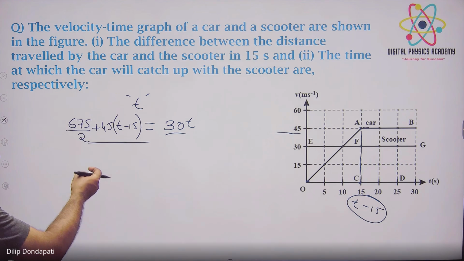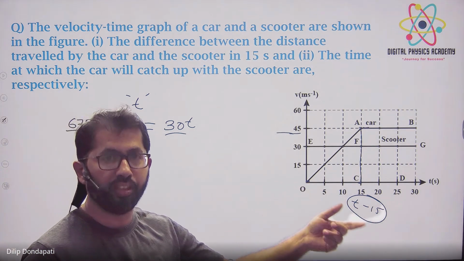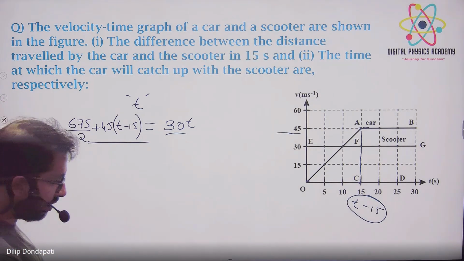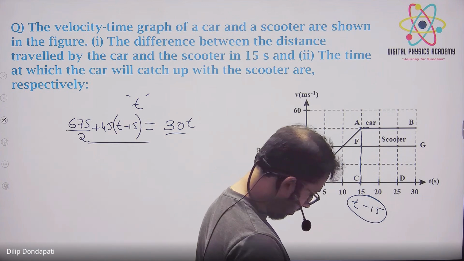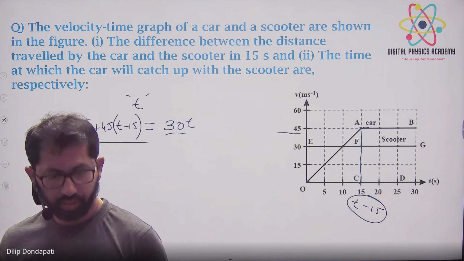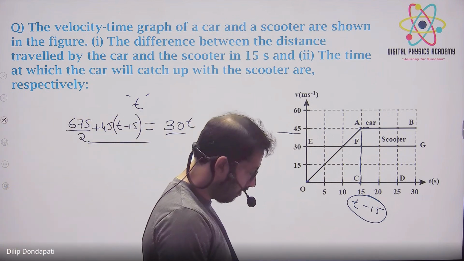The same police and thief questions will also be coming. After what time does the police catch the thief? Isn't that like AP? Tell me the answer for t. One second.